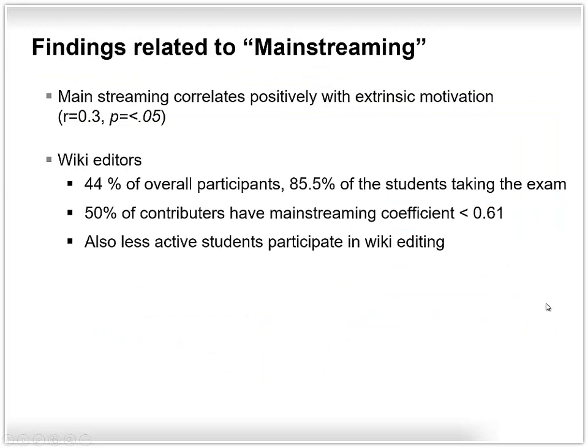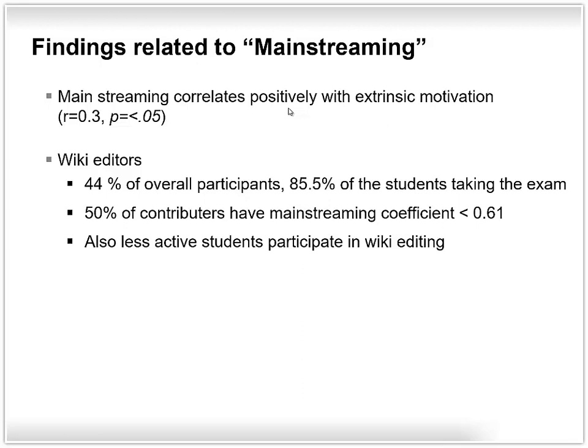Now, taking this mainstreaming construct, you could say, oh, that's quite an artificial construct, but we could see that mainstreaming correlates positively with extrinsic motivation, which was measured by the psychologists using corresponding instruments. And what does that mean? Mainstreaming correlates with extrinsic motivation.